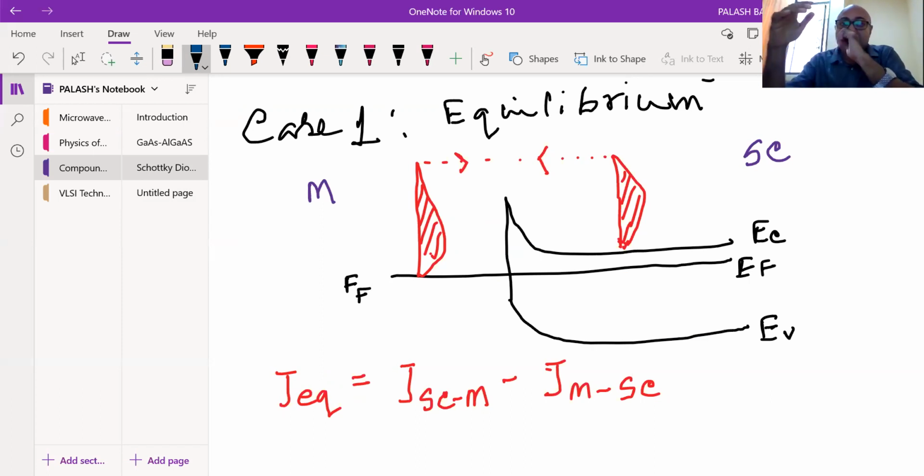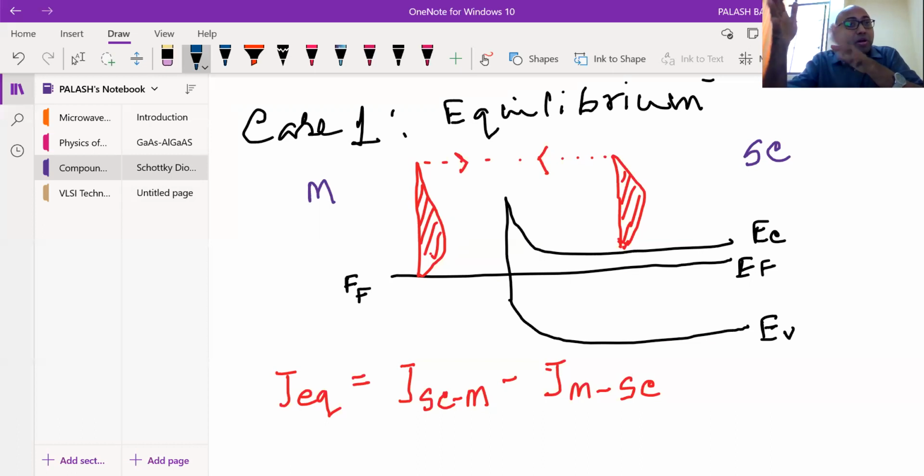Okay. Once you establish the equilibrium stage, even after that, suppose you apply some electric voltage, electrons will flow each way, but an electron never becomes a minority carrier.